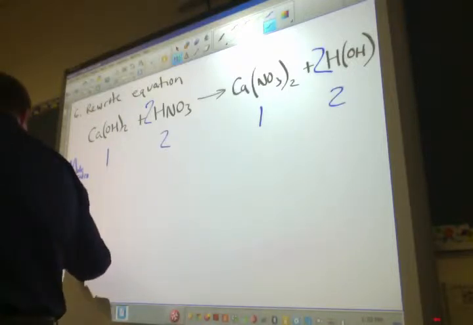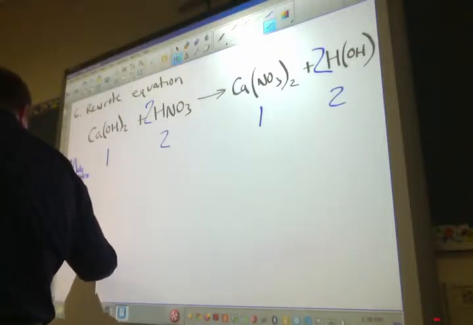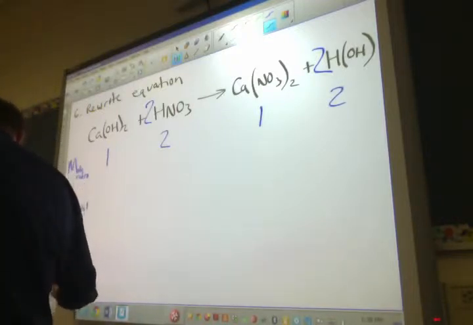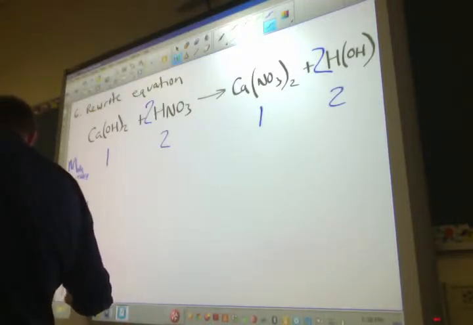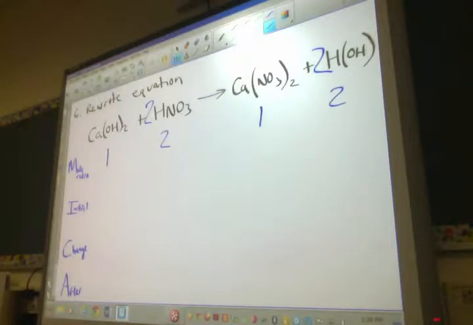C is change, and the A is after. Sometimes you'll call it a MICE table with the E being end. But either way, here's what I'm looking for. So the mole ratio, we just copy down the coefficients again. By the way, this entire table is going to be moles, not grams.